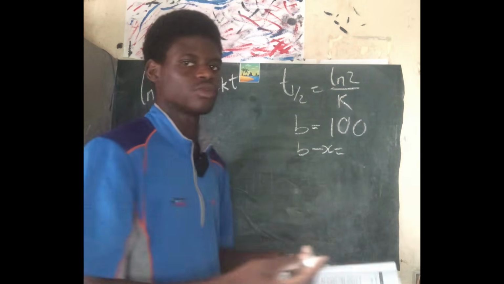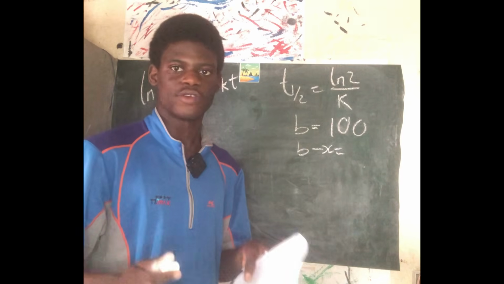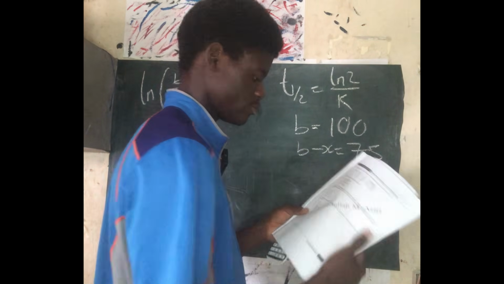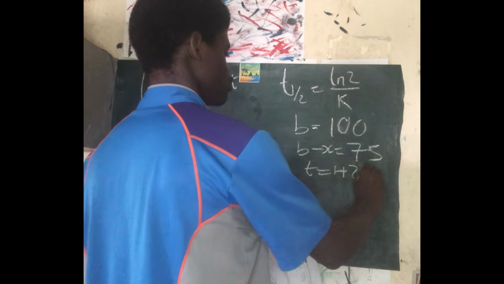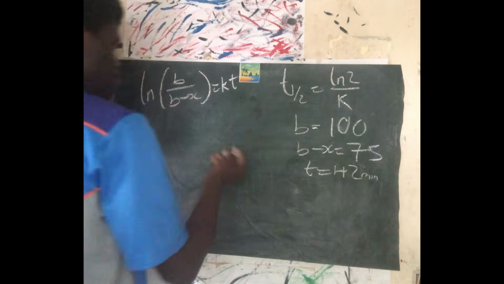If it's 25% complete, 25% has been used up. What remains, which is the final concentration, is 75%. So that will be 75% in 42 minutes. Then to find K, just substitute inside.